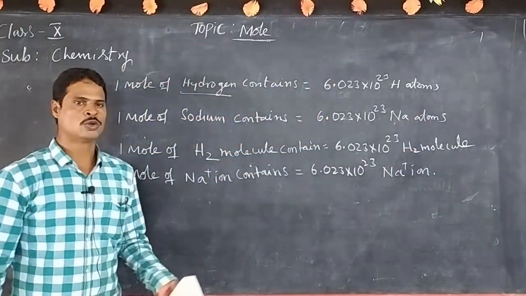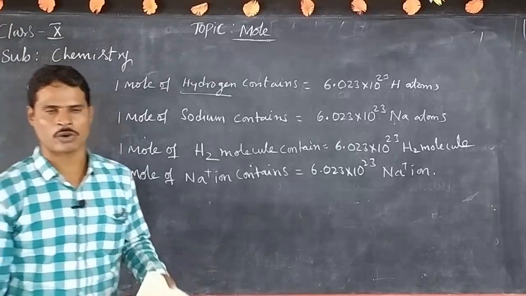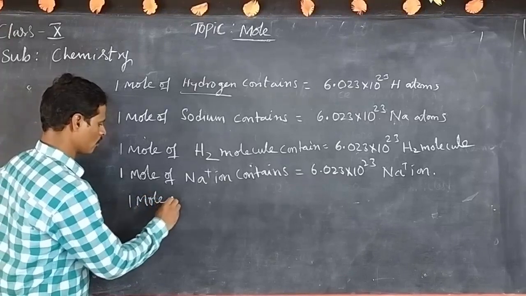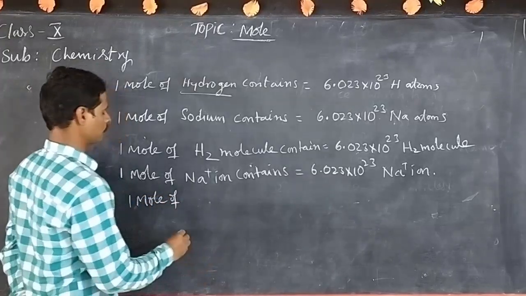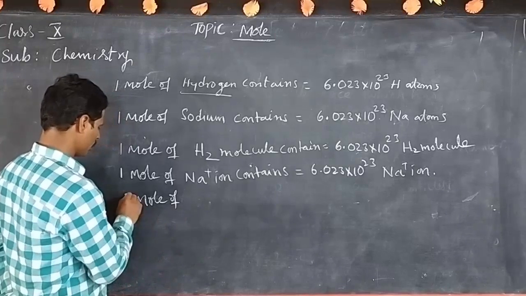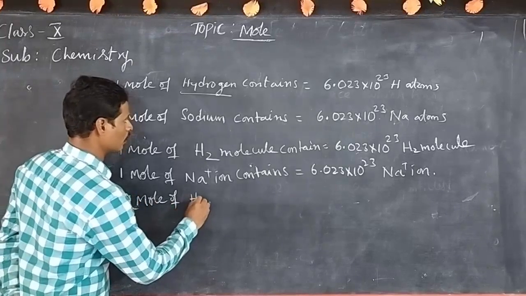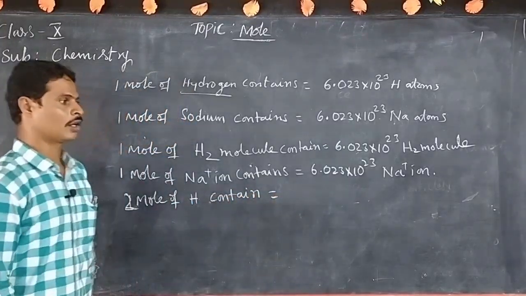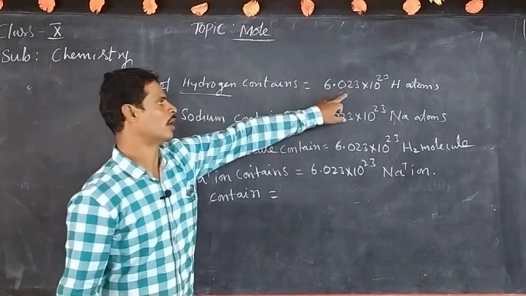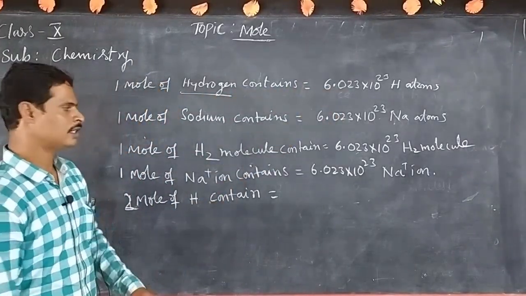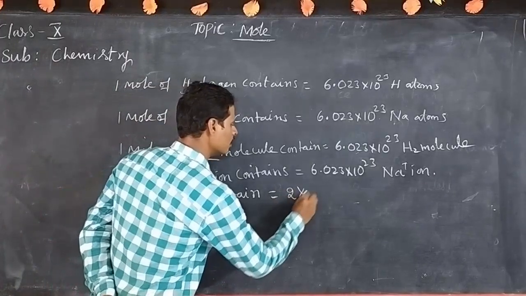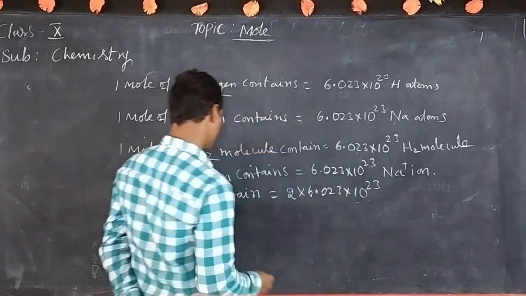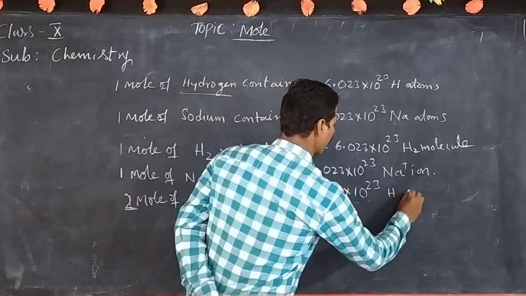Suppose 2 moles of hydrogen contain how many particles? We know that 1 mole of hydrogen contains this, so 2 moles contain 2 into 6.023 into 10 to the power 23 hydrogen atoms.